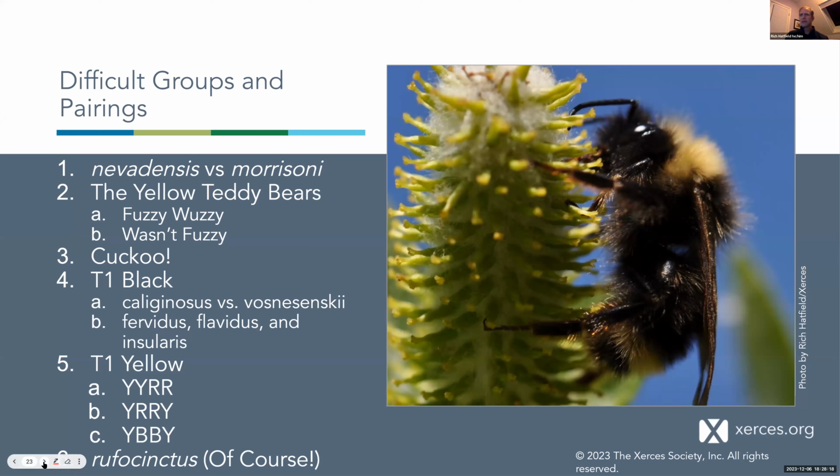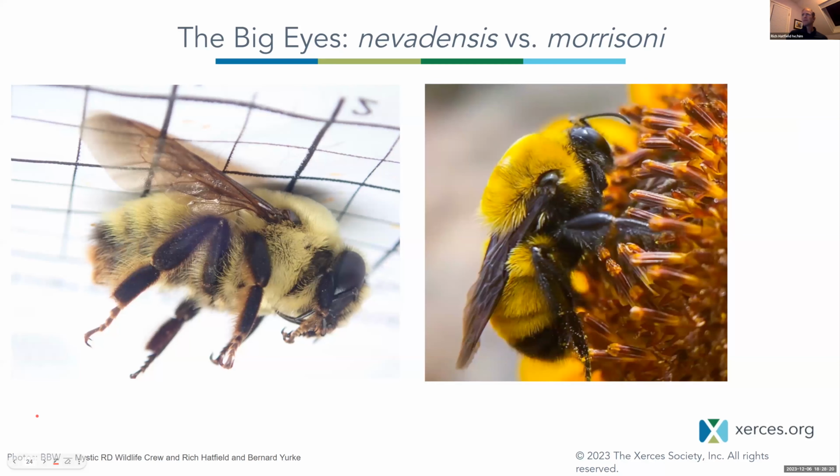So jumping in, we will talk about distinguishing Nevadensis from Morrisoni. If you remember, the females of these two species are very difficult to distinguish from one another. They live in the same region. They're intermountain west species, so shrub steppe, drier habitats.